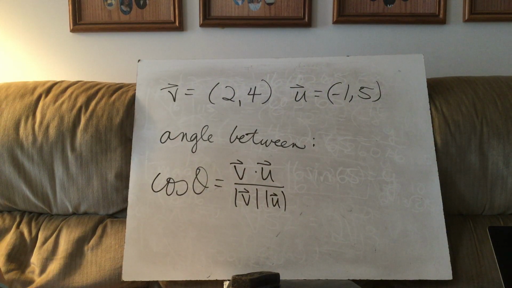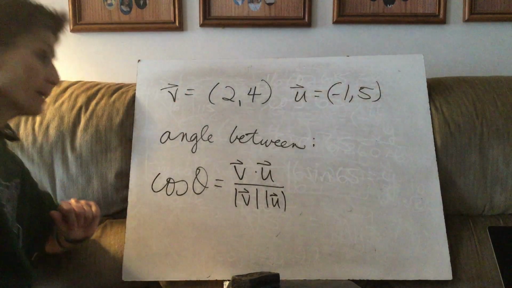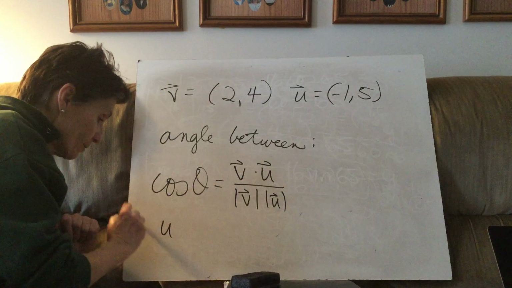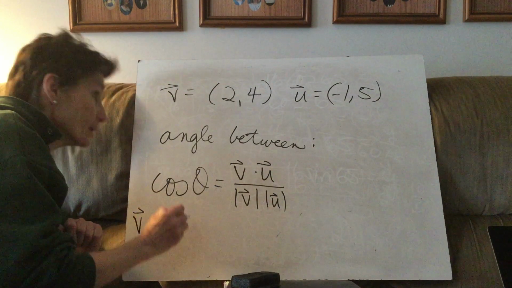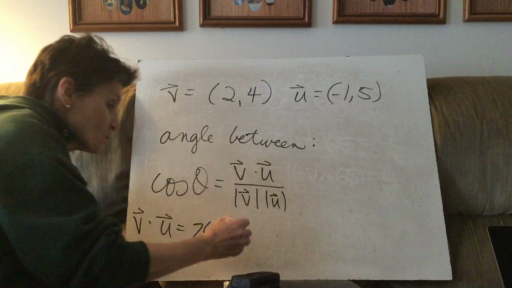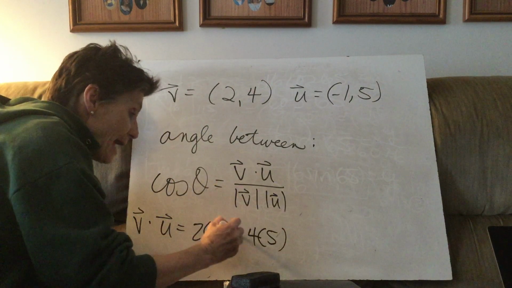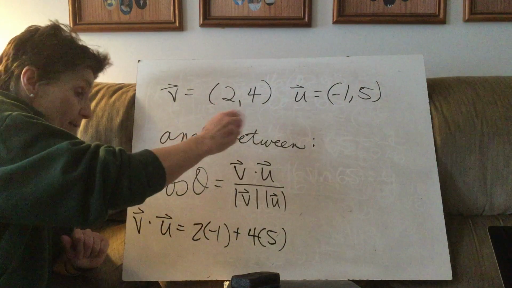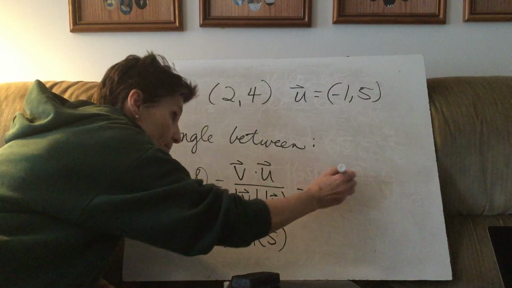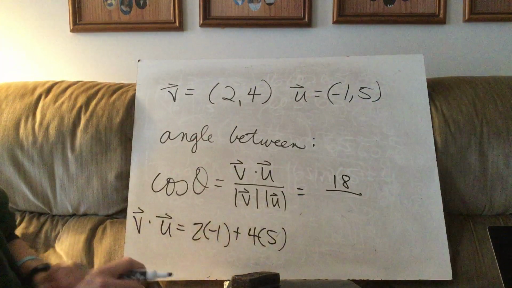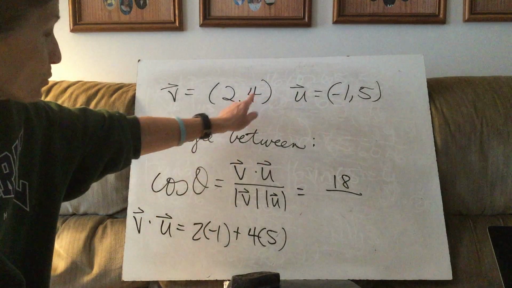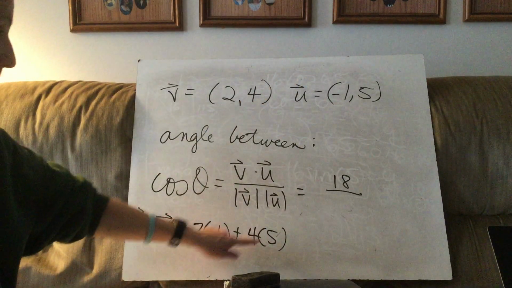So, first thing we have to do is find our dot product. All right? So our dot product, remember, is x times x, y times y, added together. So -2 plus 20, which is 18. So my dot product, x times x, y times y, add them up, 18.